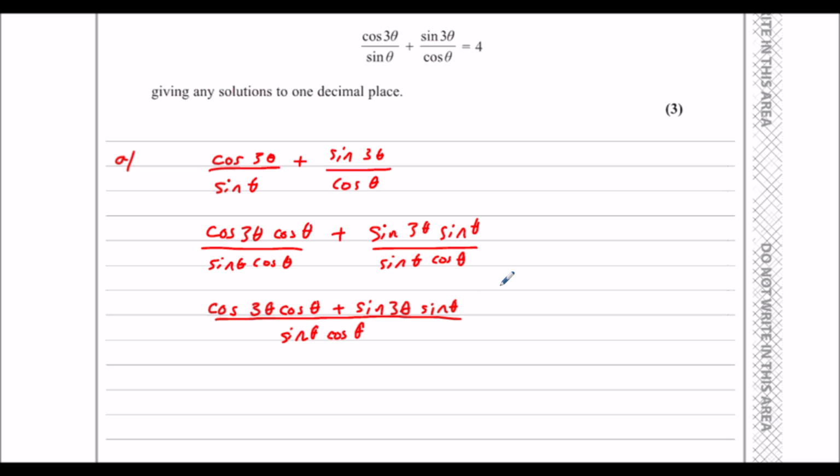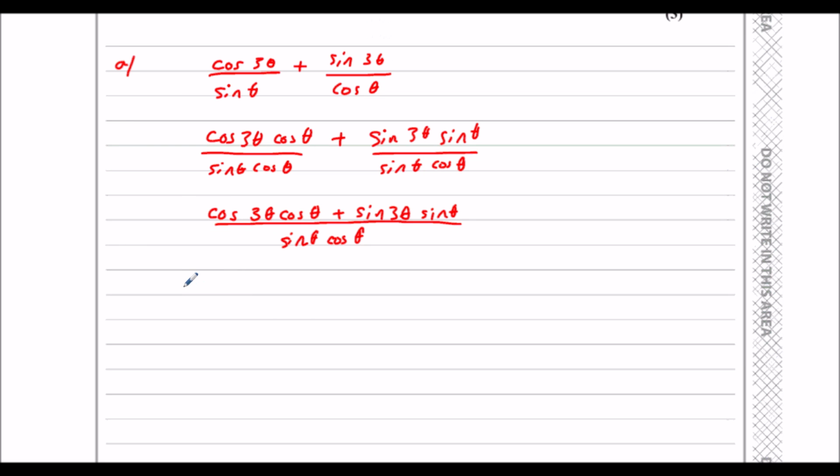And if we look in the formula book, we can see that cos A minus B is cos A cos B plus sine A sine B. And we can see how this relates to the numerator, the top of the fraction.